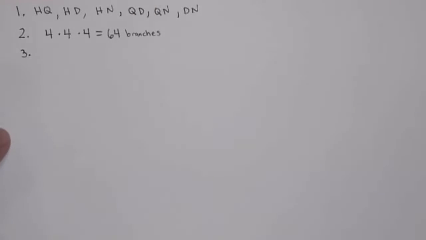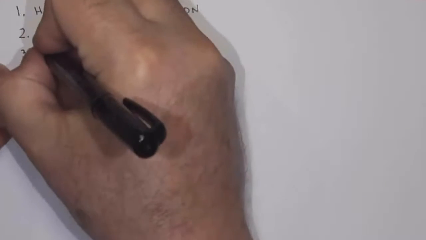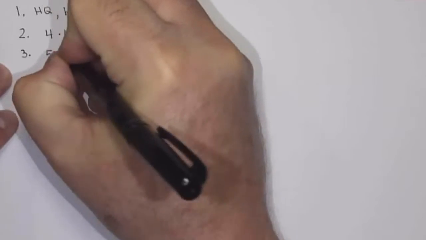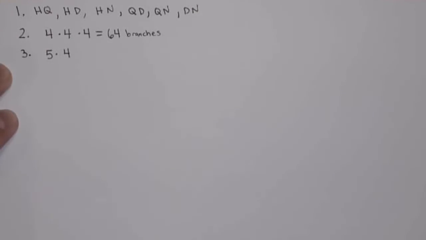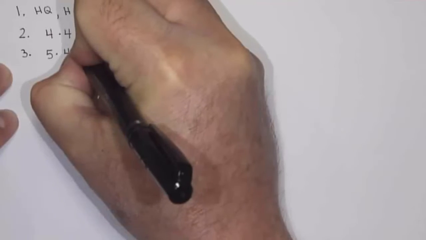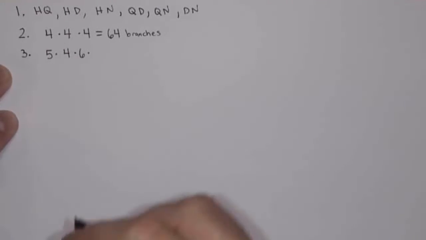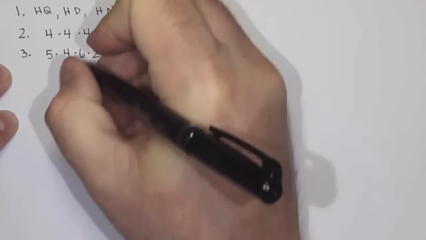Well, here we're just going to use our multiplication rule. So again, we have to have a shirt, and we have 5 shirts to pick from. We have to have a pair of pants, and we have 4 pairs of pants to pick from. We have to have a tie, and we have 6 ties to pick from. And we have to have a jacket, and we have 2 jackets to pick from.